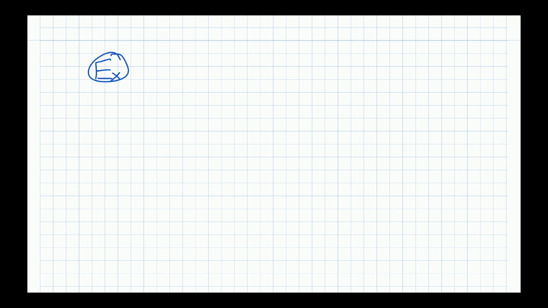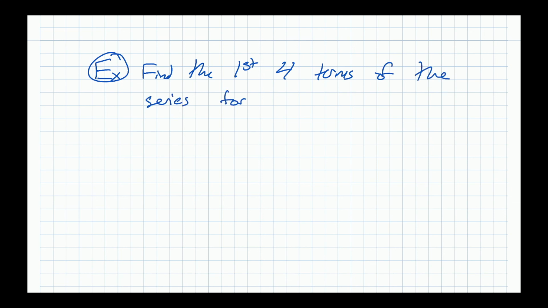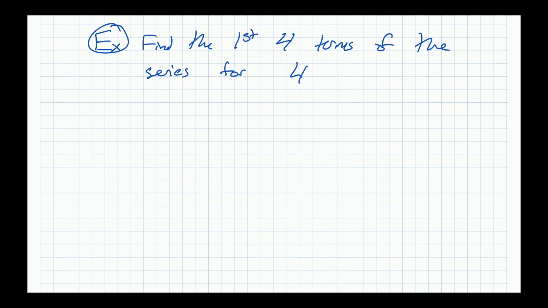They're going to say, find the first 4 terms of the series for, and it's going to be like this. I think this is it. 4x over 1 minus 2x squared, squared.